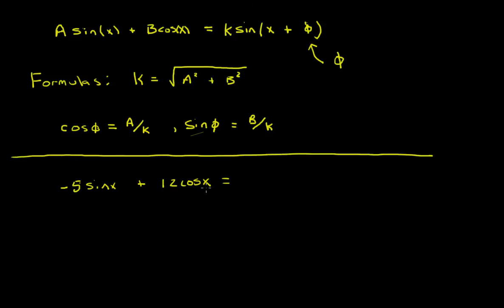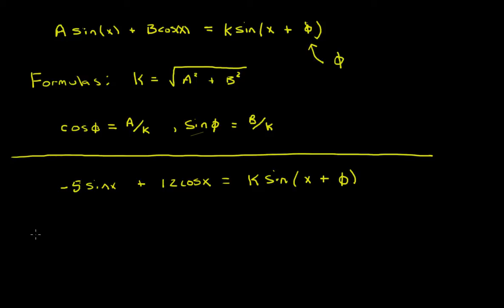The only difference is we've changed the capital A from plus 5 to negative 5. Now that will not have an effect on our amplitude K, but it will definitely affect our phase angle phi. Again, that's the most common error when students work with these kind of combination problems, is they don't adjust their calculator answer by the quadrant.